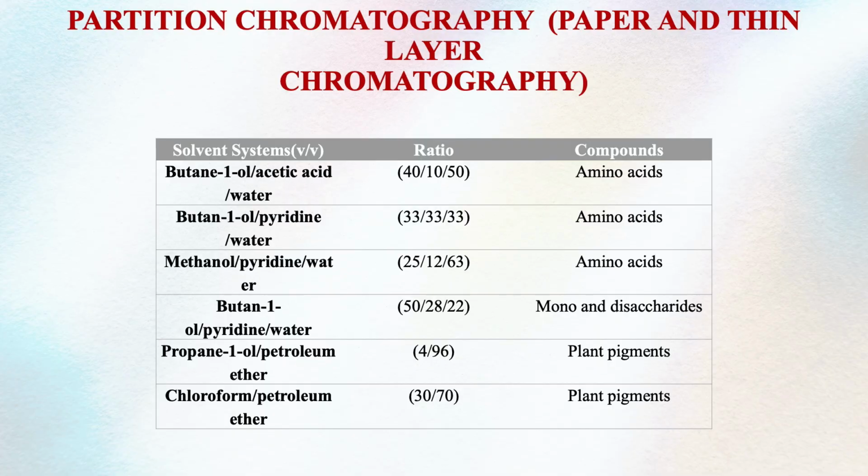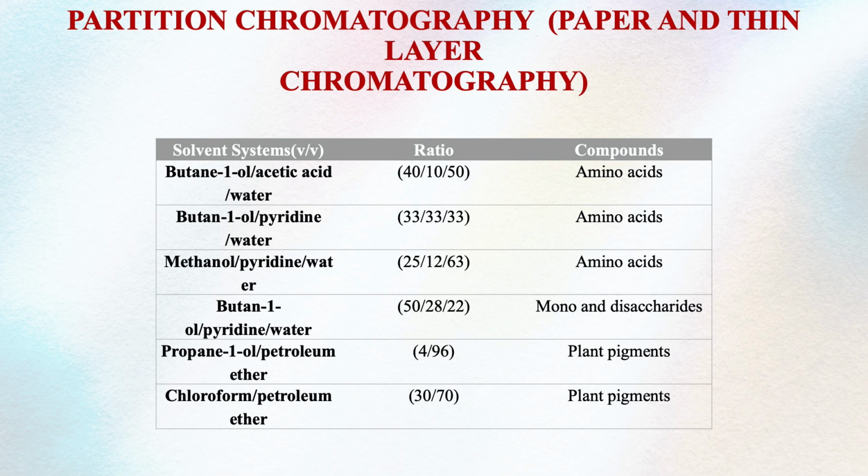However, since we are talking about the solvent system, which is nothing but the mobile phase, that is very essential for this chromatography technique. In this table you can observe there are different solvent systems. For example, on the extreme right, you can see a composition called butan-1-ol, acetic acid and water, and the ratio here is 40, 10, 50.